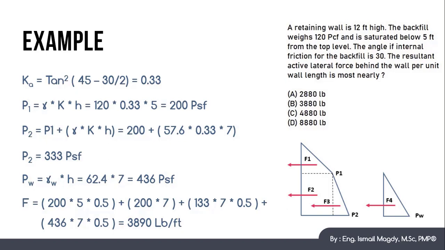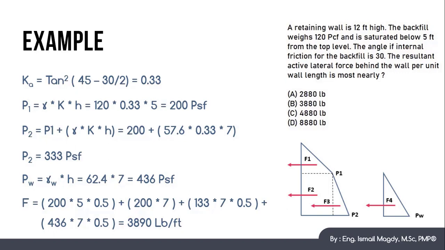And here in P2 you can see we took only 133, not the 333, because the 200 is in the shape of a rectangle and the 133 is the triangle. So it's 133 multiplied by 7 multiplied by 0.5, in addition to the triangle for the water, which is 436 multiplied by 7 by 0.5.